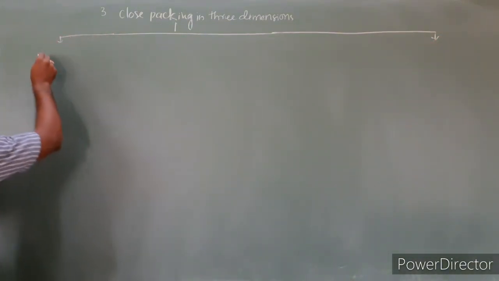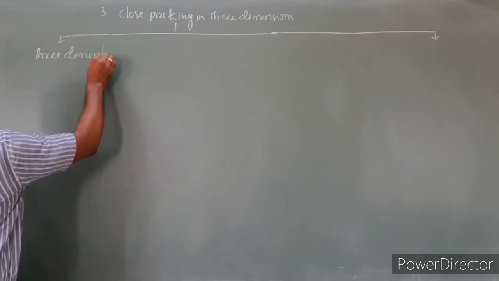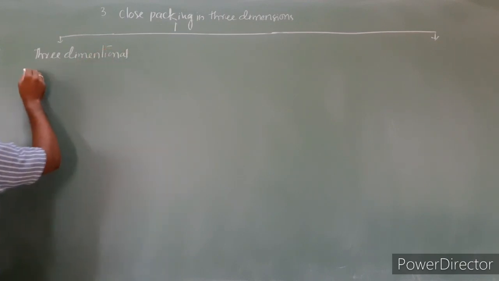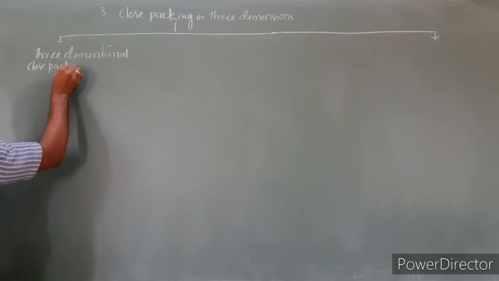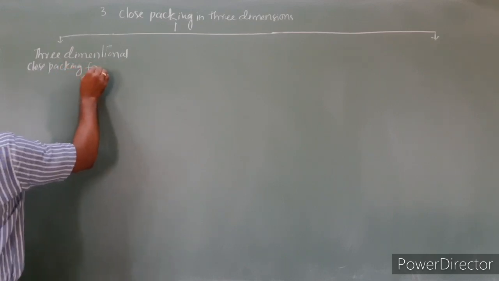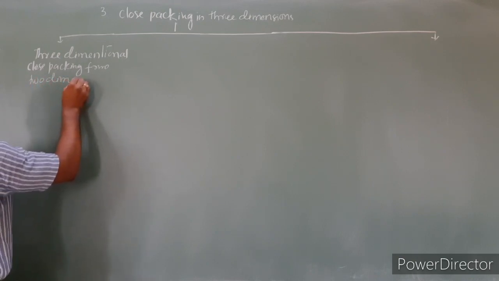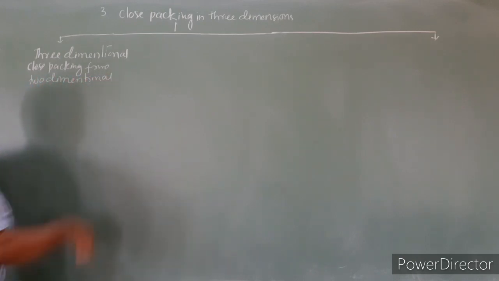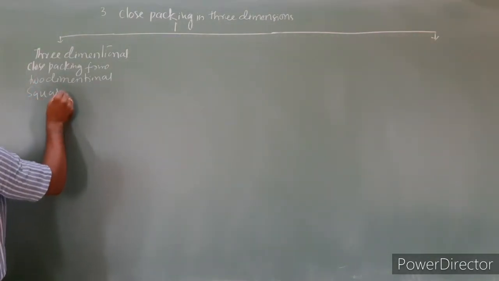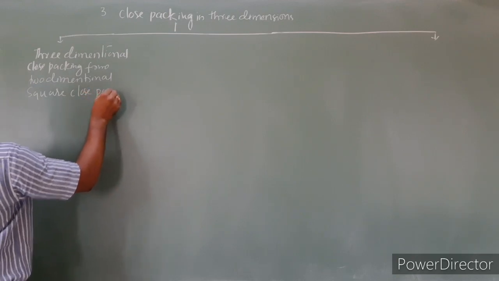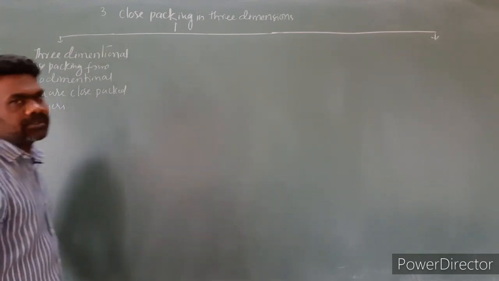The first one is 3-dimensional close packing from 2-dimensional square close packed layers. This is the first one.